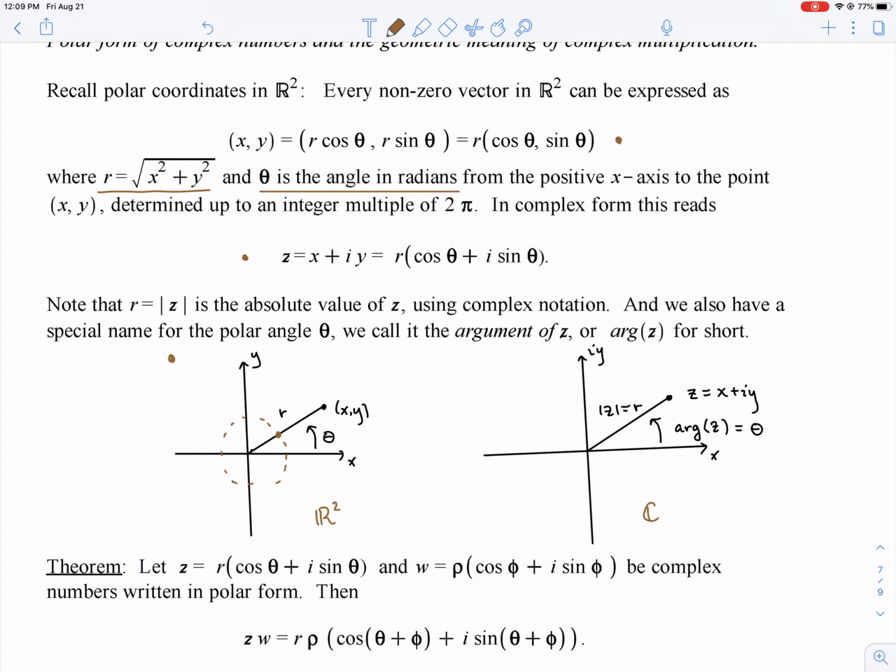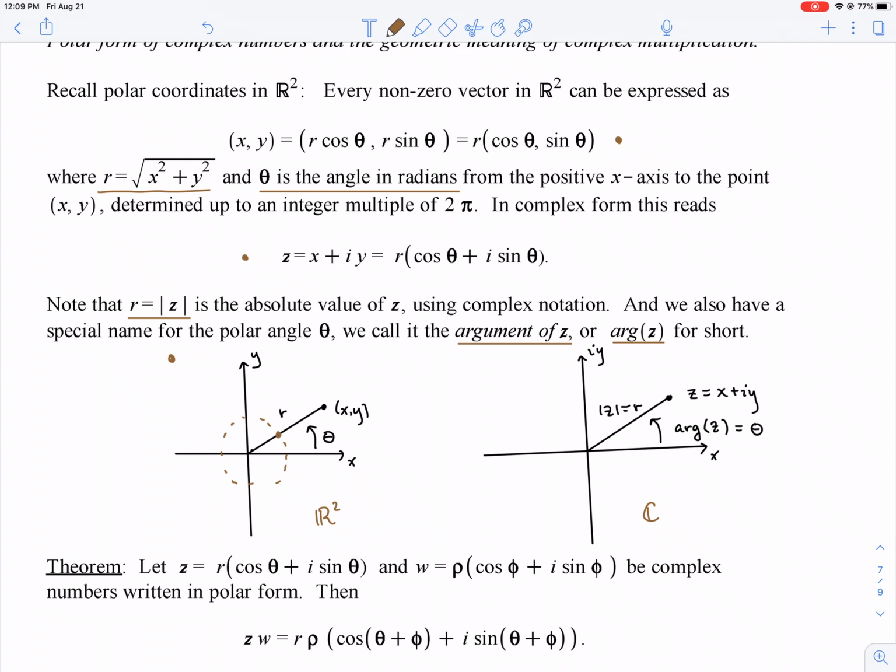And we have special language for polar form in complex analysis. Well, r, that's what we were just saying was the absolute value or the modulus of z. So that's often the language we'll use. And for the polar coordinate angle theta, we'll call that the argument of z often, or arg of z for short.